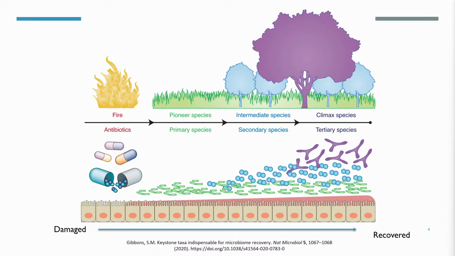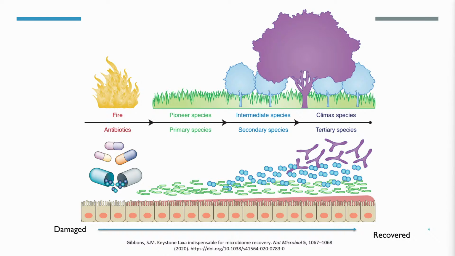And so the key here is that you need these primary or pioneer species to colonize that area in order for the intermediate species to grow and then the climax species to grow as well. And so studies have described a similar process in the gut microbiome following antibiotic therapy. Basically, right here I'm showing you the intestinal epithelial cells.